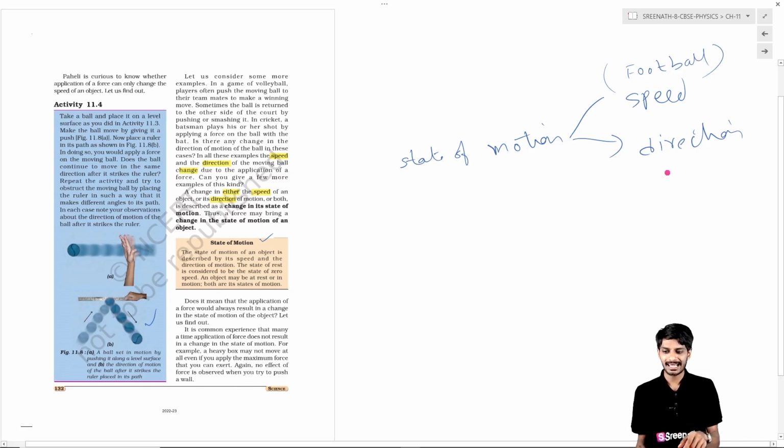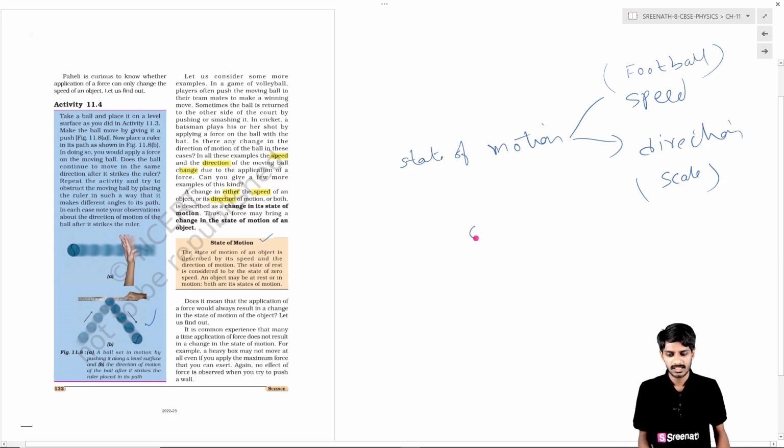Okay, in this scale experiment, what has been done? By applying the force, here did we apply any force? Yes, we have applied the force, with the help of a scale. I will give you an example.